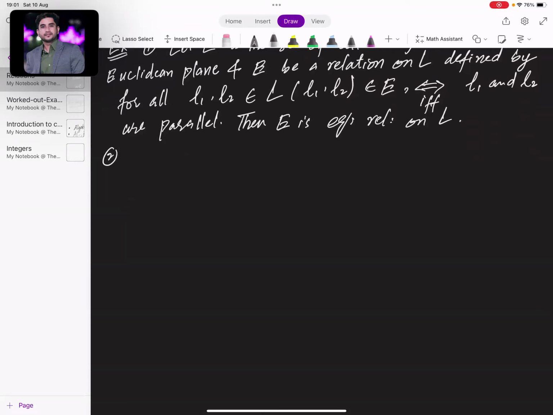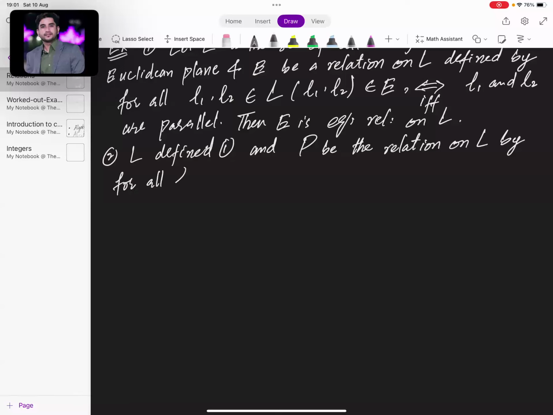Example 2: L defined as in 1, and let P be the relation on L defined by: for all L1, L2 in L, (L1, L2) is inside P if and only if L1 and L2 are perpendicular.